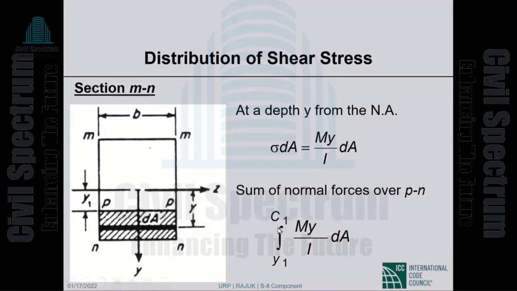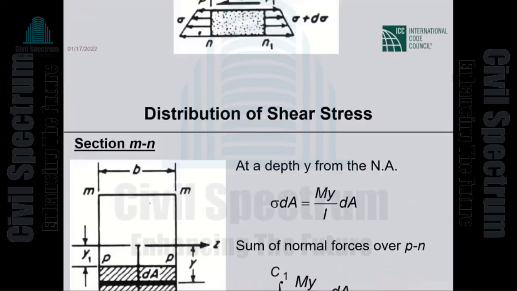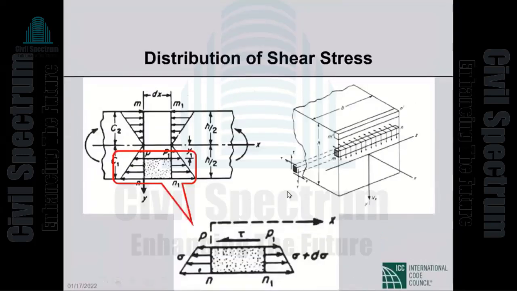So the sum of the normal forces over Pn over this entire area would be from integration from y1 to c1, the distance to the end. C1 was shown in the previous picture. So this is c1 from the neutral axis to the bottom.